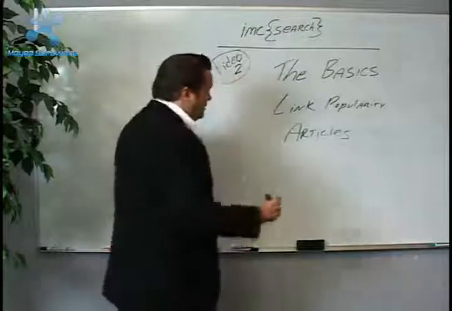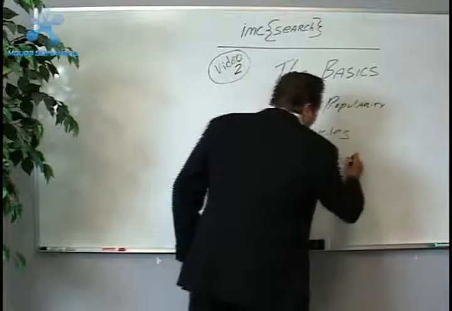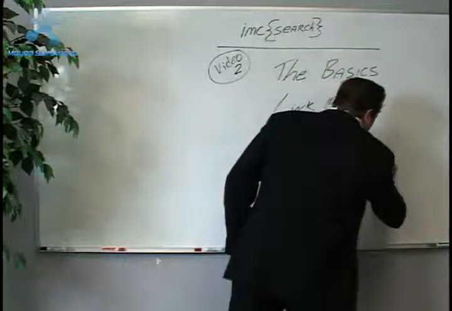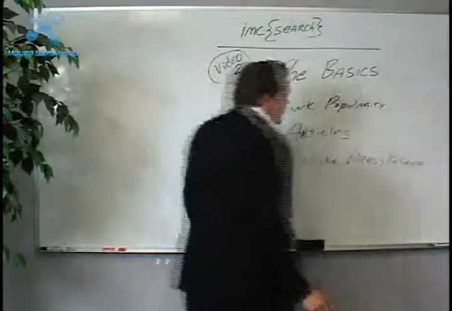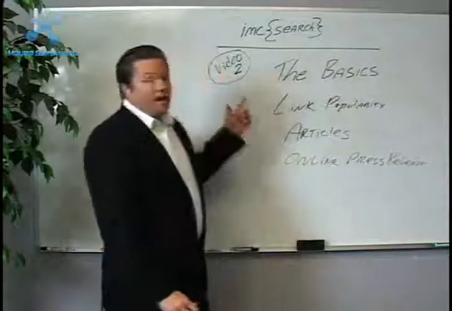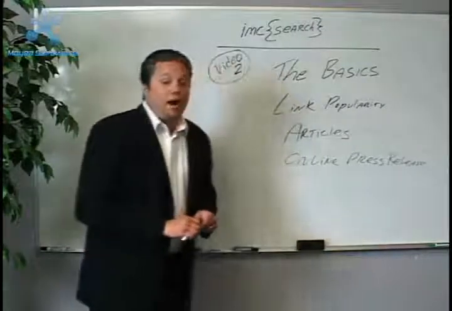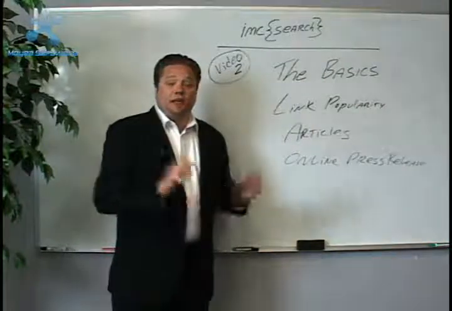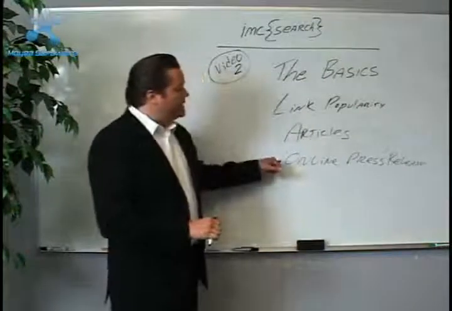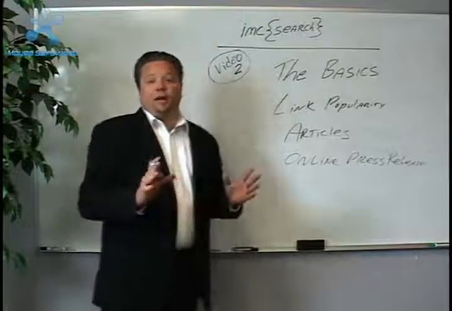And the last term here is an online press release. Here at IMC Search, we own our own online press release service called iprwire.com. It's what we use for our clients to launch their press releases and get them out there. But an online press release is not a traditional press release that just goes out to newspapers.